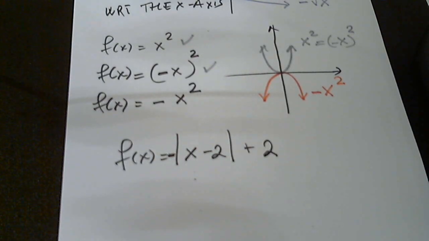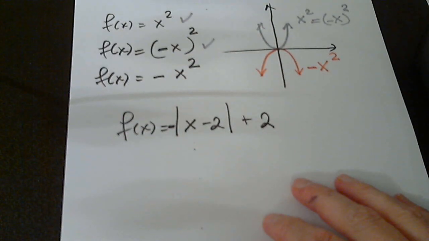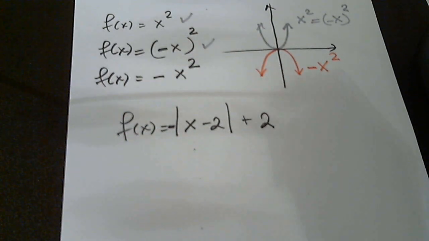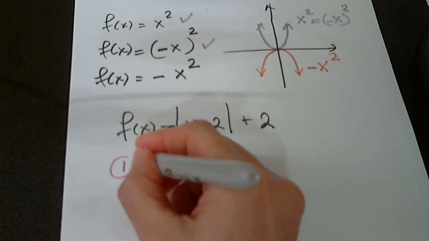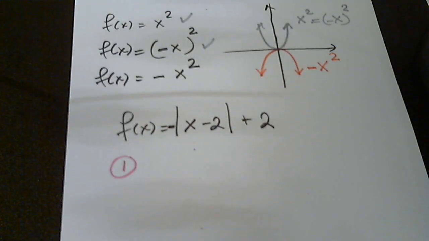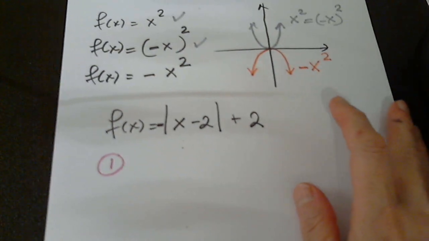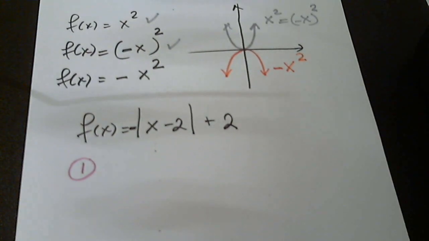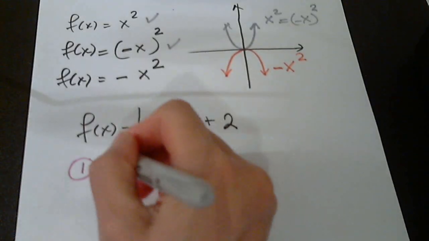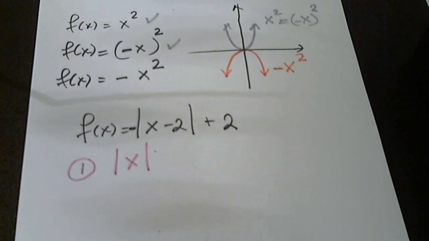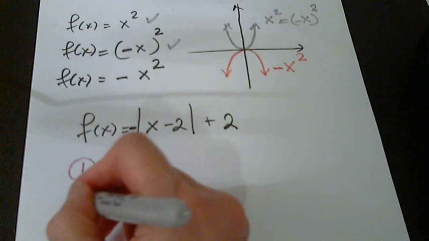I have to list the transformations in the order of operations. So, number 1, can anyone tell us which base function I used for this? Absolute value. Of course. The base function is absolute value of x. Correct.